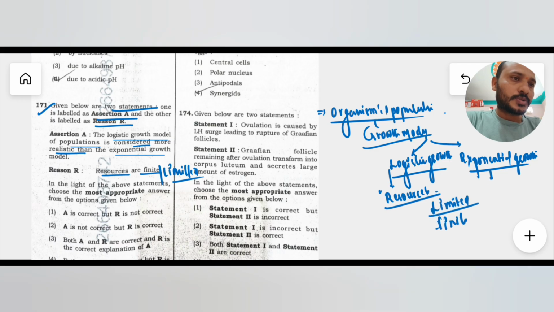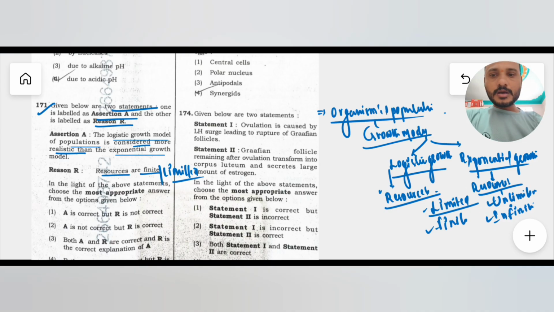In exponential growth, the resources are unlimited and infinite. Remember this major difference.